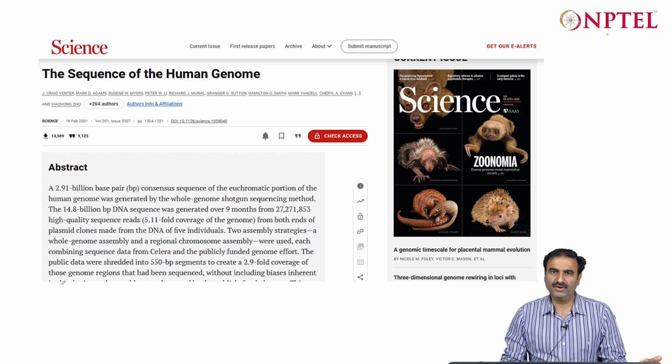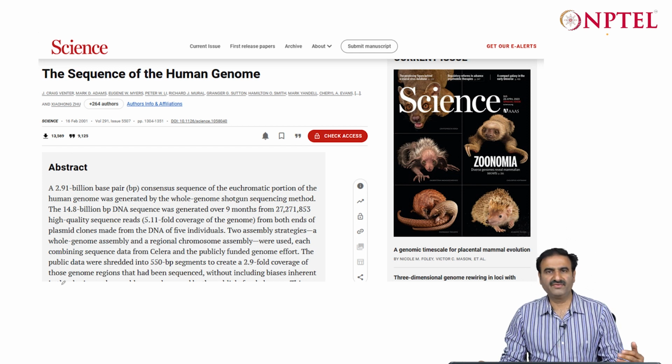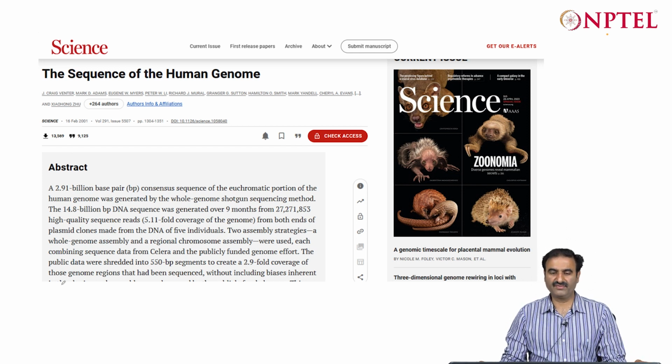While this was going on, the chimpanzee genome and other primate genomes were also being sequenced, which is very important for comparative genomics when we are dealing with different diseases, because it could be that chimpanzee may not show the disease, but human can. So this comparative genomics we can also get from there.